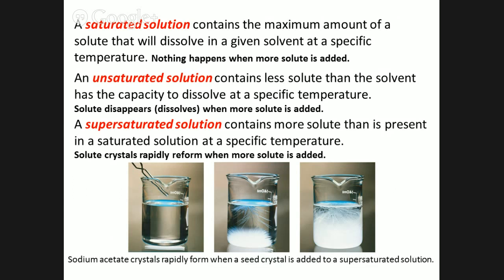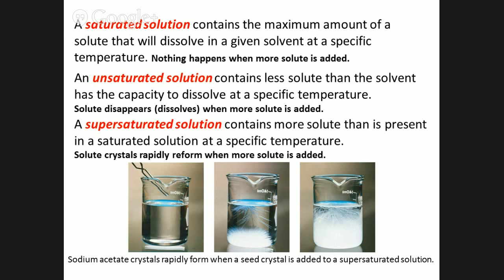Now, we can tell the difference between these three solutions based on what happens when we add a little bit more. If we have a saturated solution and we add a little bit more to a solution that in the picture here would just be this clear solution, basically nothing would seem to happen.